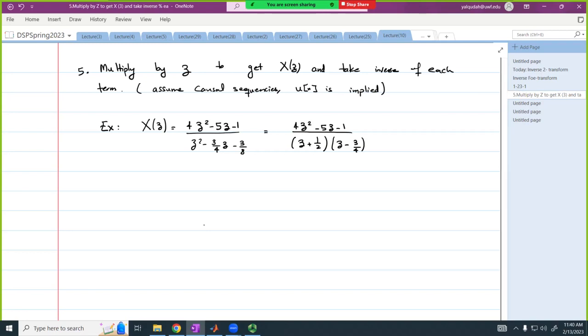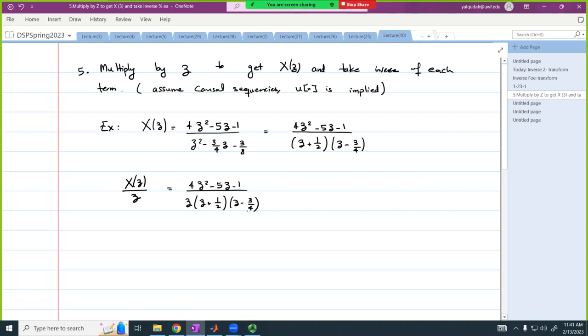What do we do next? A and B, I guess. We're going to take X of z and we're going to divide it by z, following the steps that we laid out. So we can write this as 4z squared minus 5z minus 1 divided by z multiplied by z plus 1/2 multiplied by z minus 3/4.